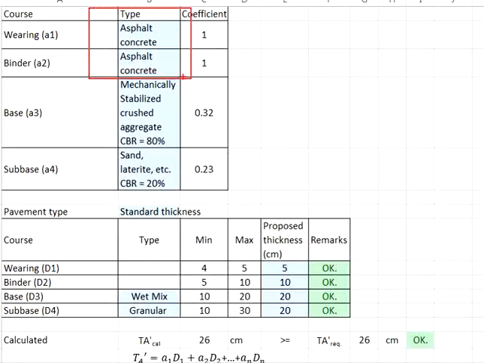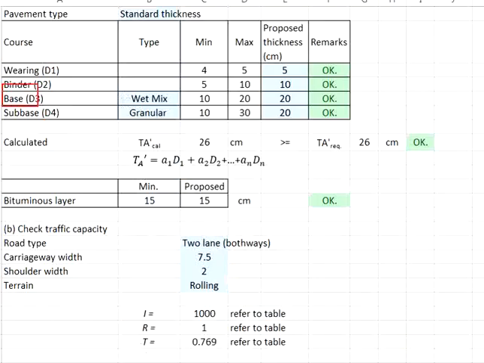Asphalt concrete is made of bituminous as the binder to the course. Now, in the case that the base course is also made of bituminous, that will give you a different range for the maximum and minimum thickness. And then when you calculate the bituminous layers, it will be the summation of all three: wearing course, binder course, and base course, since they are all made of bituminous layers.